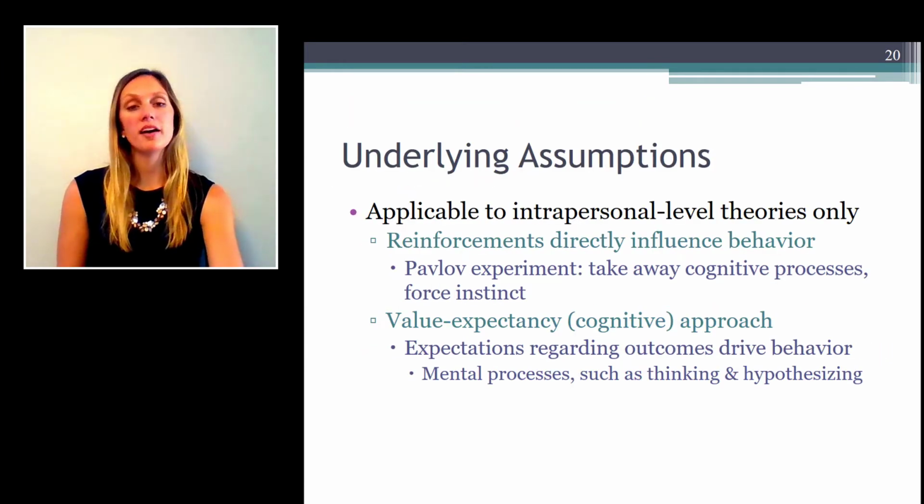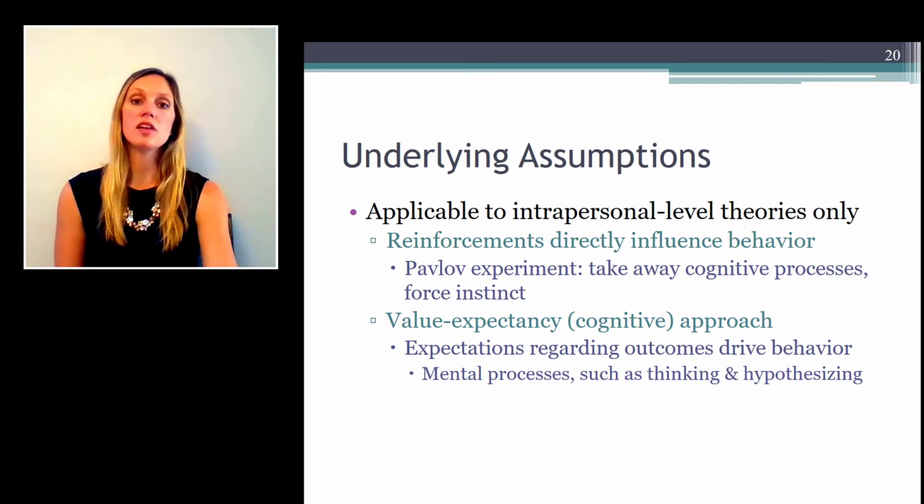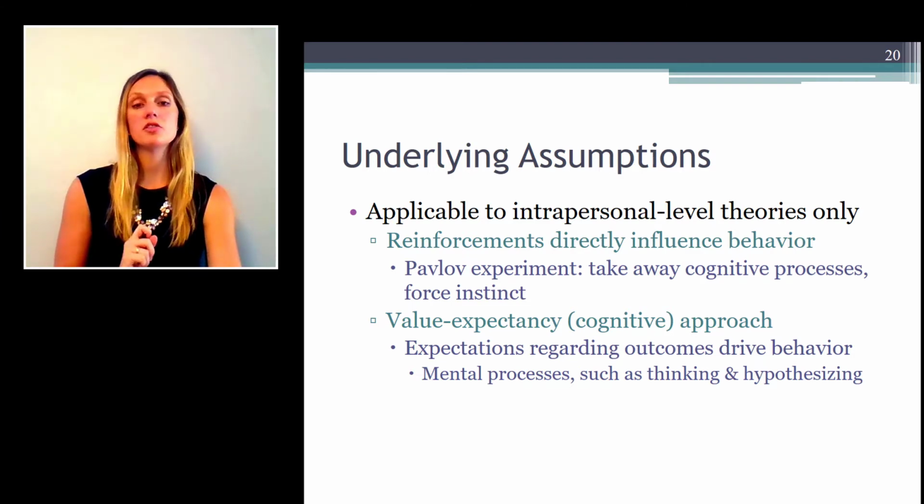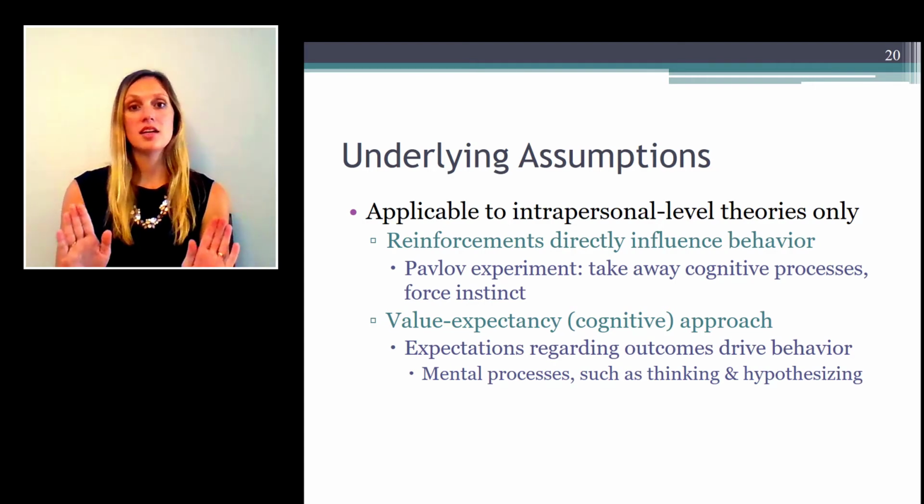The third and final way that theories can be classified is based on their underlying assumption. And I want to note that this way of classifying theory, so the underlying assumption classification, only applies to intrapersonal level theories. There are two different underlying assumptions when it comes to intrapersonal level theories. So in these intrapersonal level theories, they can take two different standpoints.